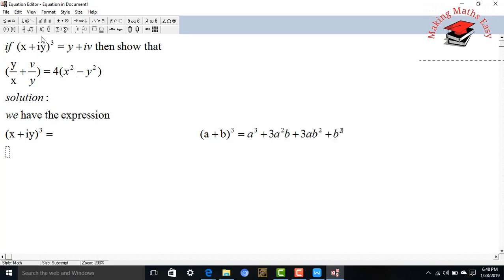So this is the formula for finding (a + b)³. The same formula we have to apply over here for (x + iy)³.